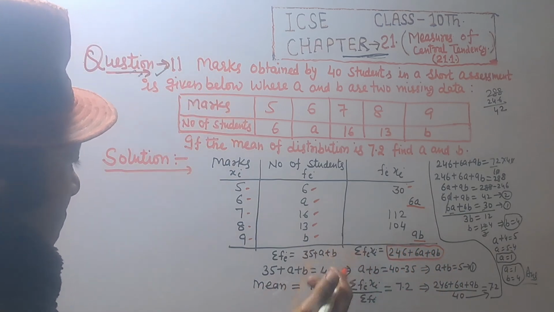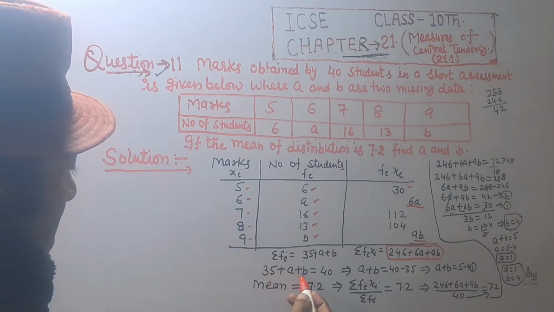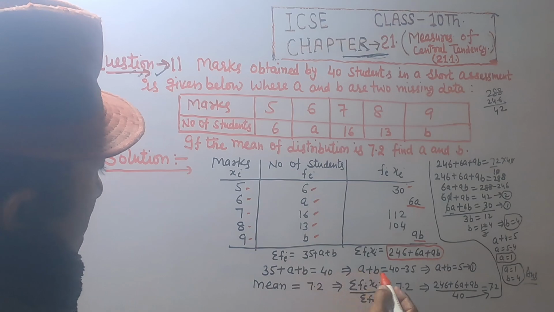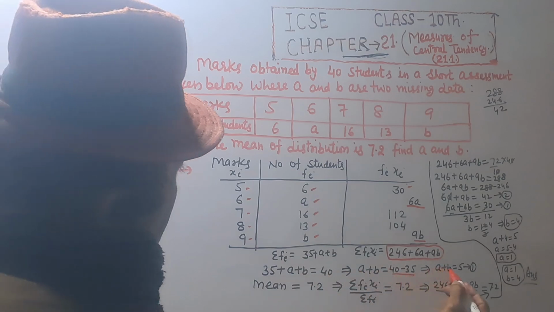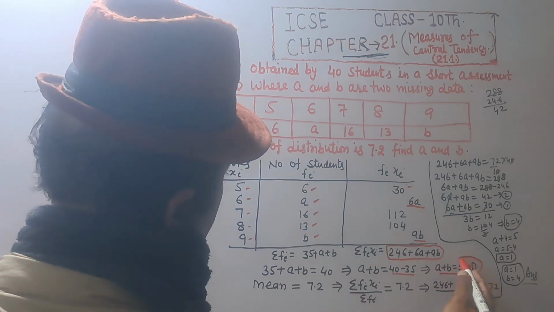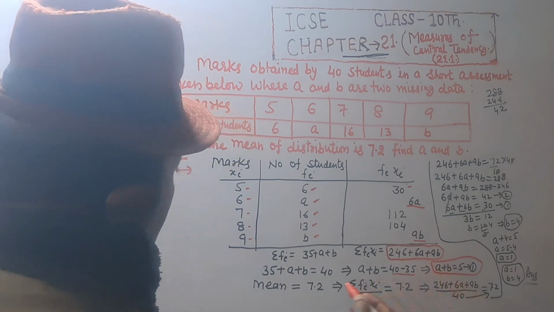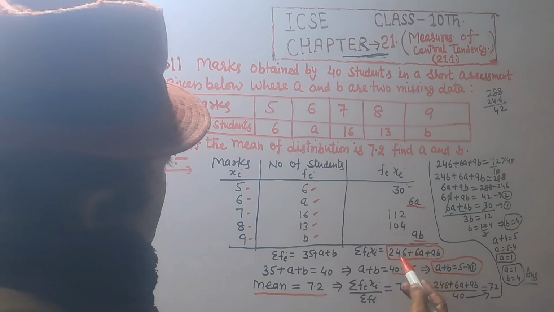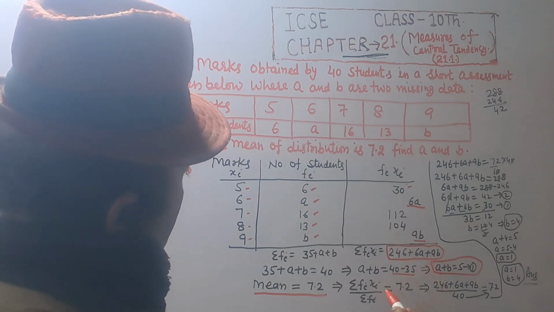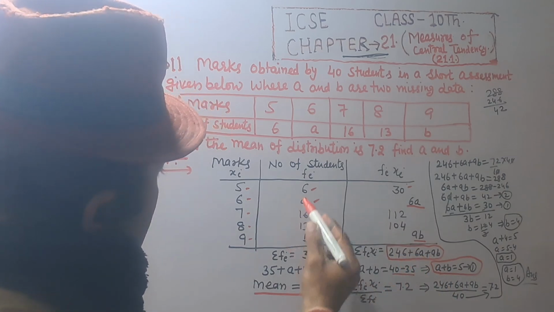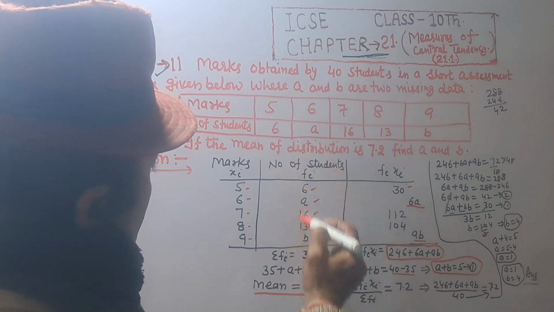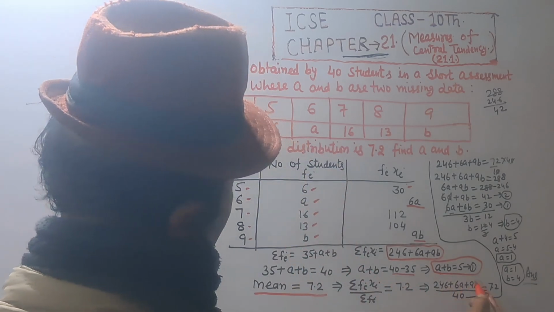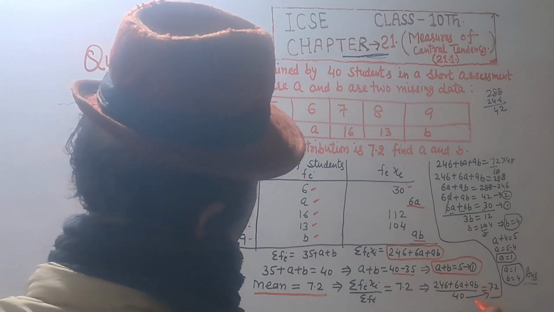And sum of frequency, that is 35 plus A plus B equal to total number of students is 40. So A plus B is equal to 40 minus 35, which implies A plus B equal to 5. It's equation number first. And mean is equal to 7.2, which implies mean is 246 plus 6A plus 9B upon frequency, that is total number of students is 40. 246 plus 6A plus 9B upon 40 equal to 7.2.